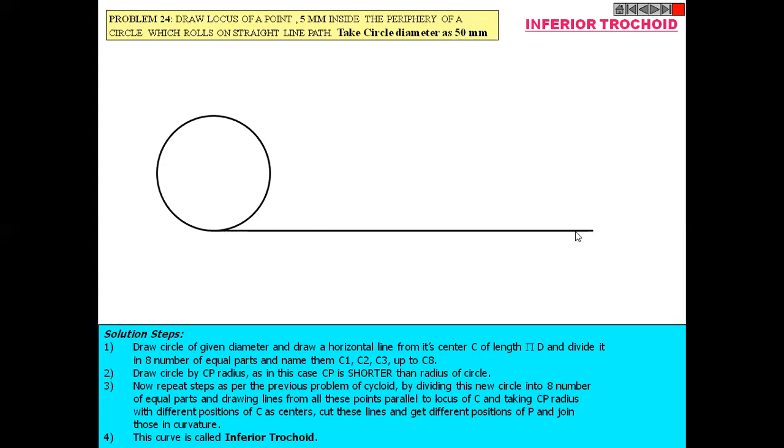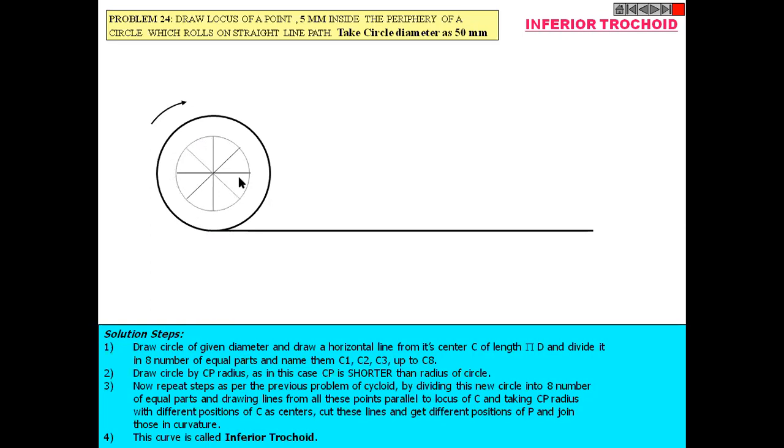Draw a directing line, whose length is equivalent to the circumference. Then mark the position of the moving point. So this point, or all the points available on this circle, is 5 mm inside of the drawing circle.